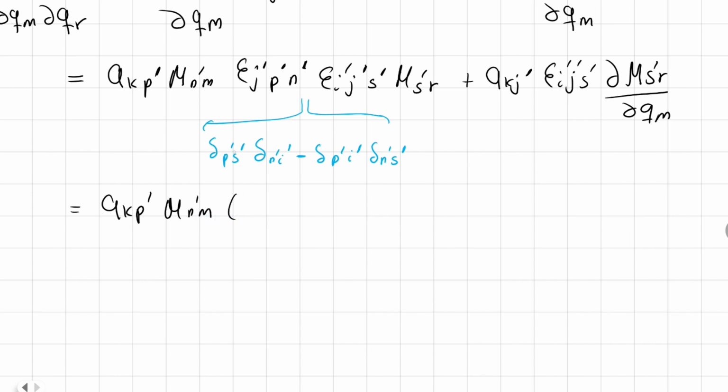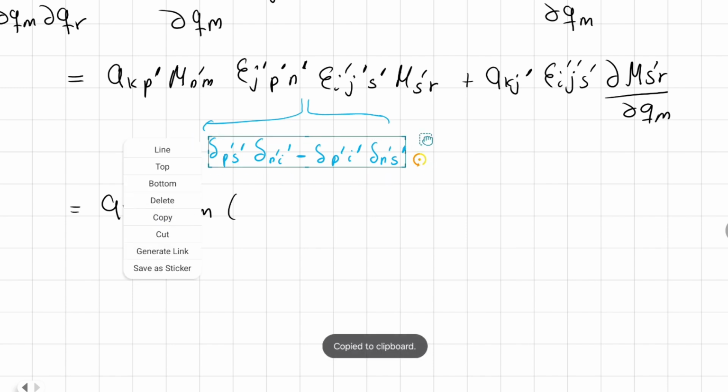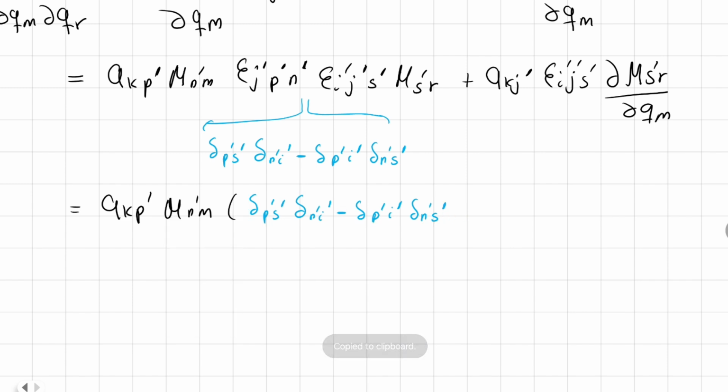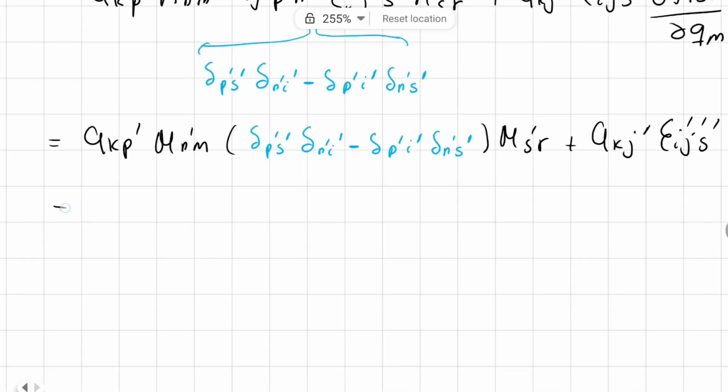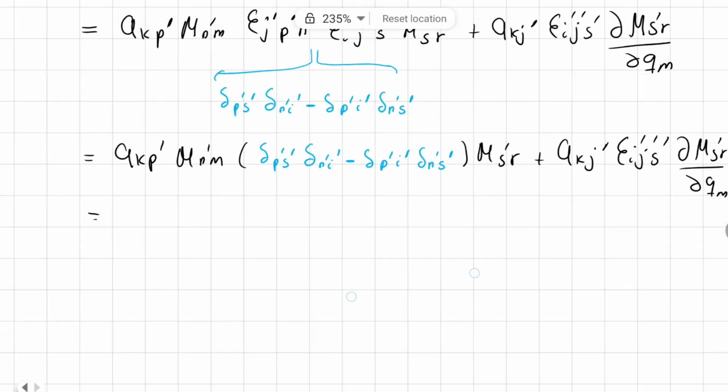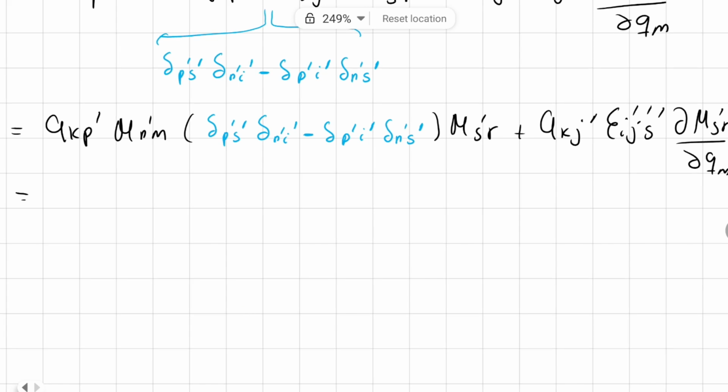Then let me copy this expression to be a little bit faster. M S R plus A K J E I J S, the partial of M S R with respect to Q M, and we are going to see what happens with all these Kronecker deltas. Let's examine this. What are we going to get?